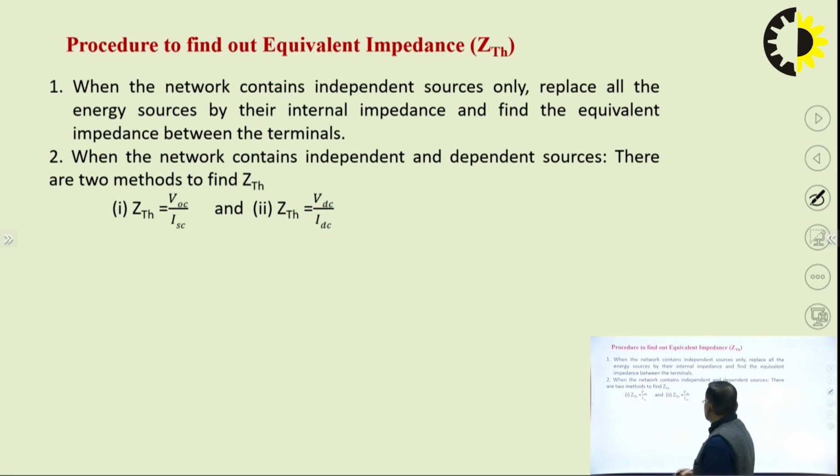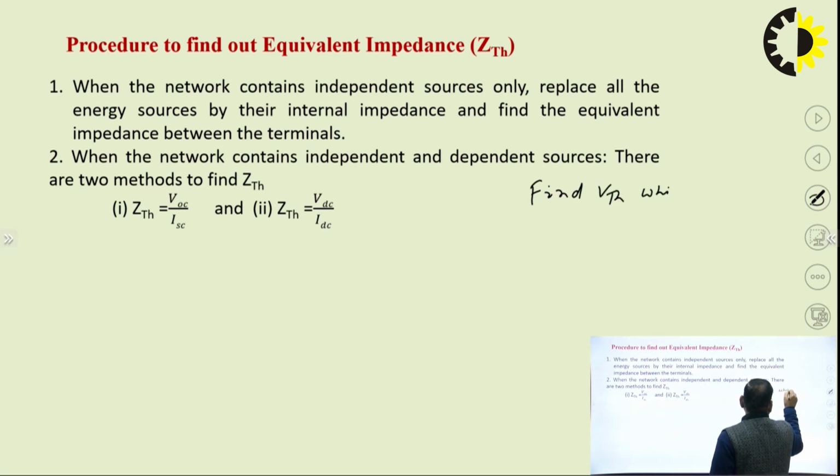In the first case, we find the VTH, which is the open circuit voltage. Then find ISC, that is the short circuit current.